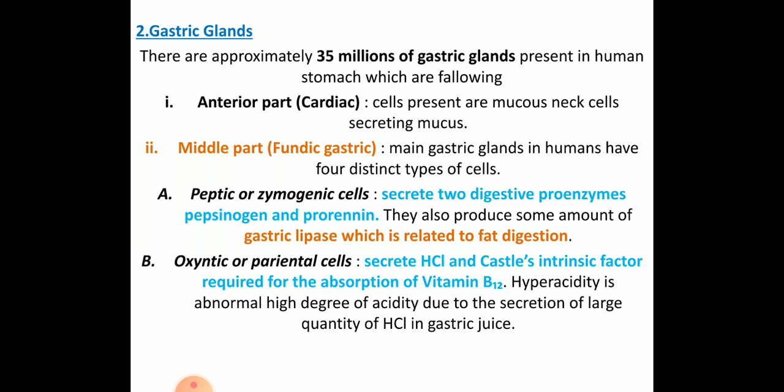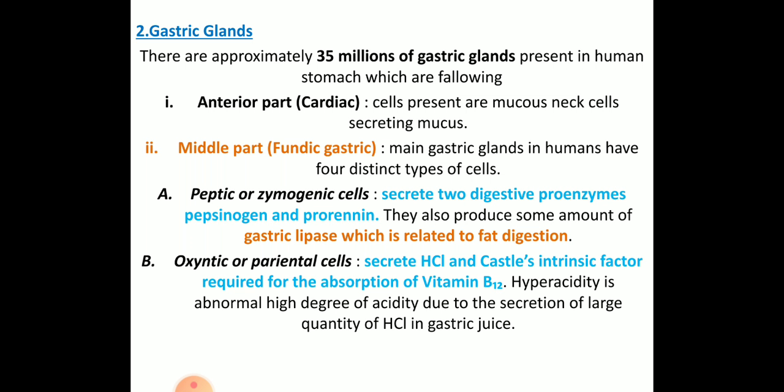First, peptic cells, also called zymogenic cells. They secrete different types of enzymes or proenzymes, meaning inactive forms of enzymes. They are pepsinogen and prorenin. They also produce gastric lipase, which is related to fat digestion. Lipase means fat digesting enzyme.